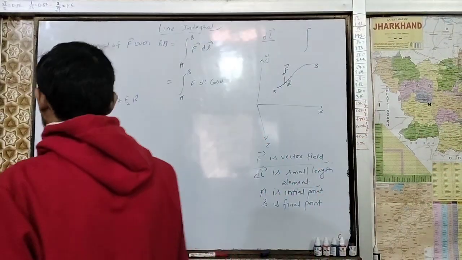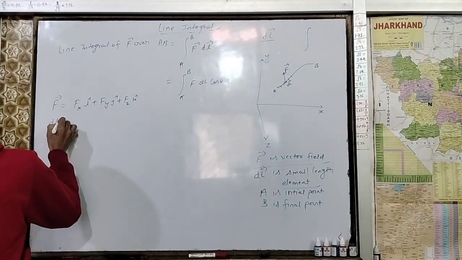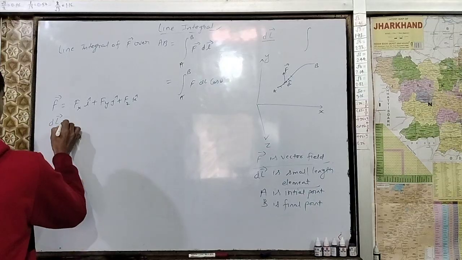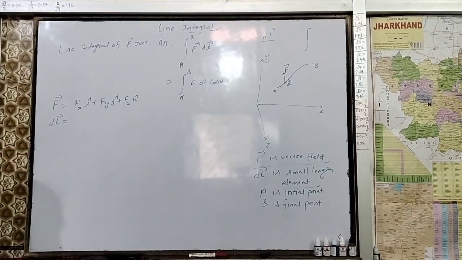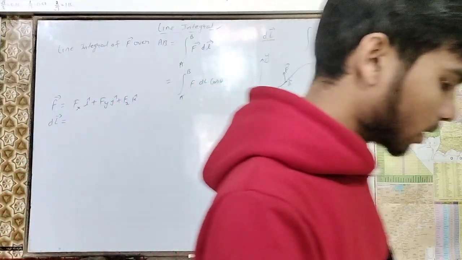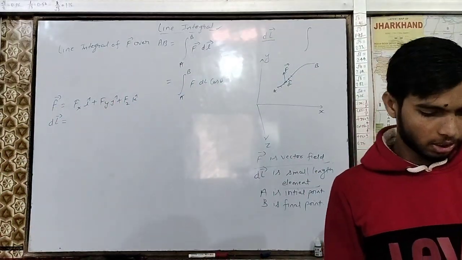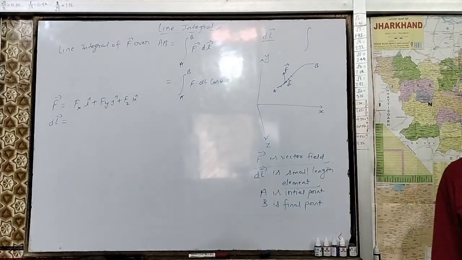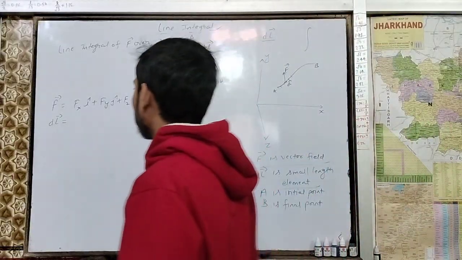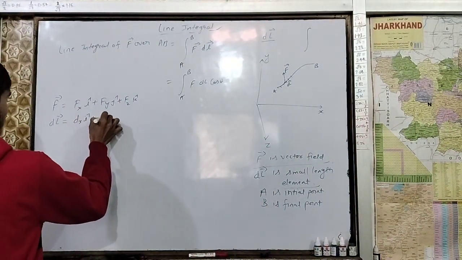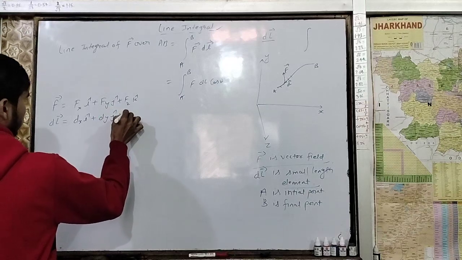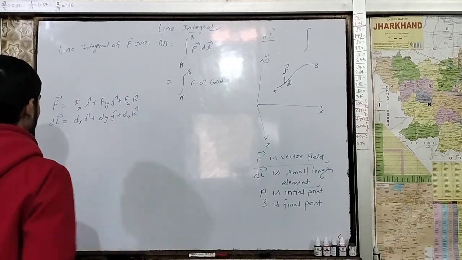Now, what about dl? Not dlx, don't take L. It is dx i cap plus dy j cap plus dz k cap.